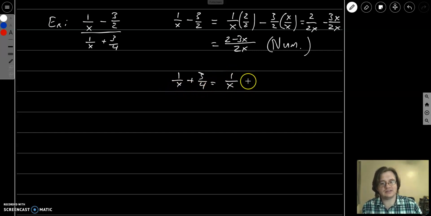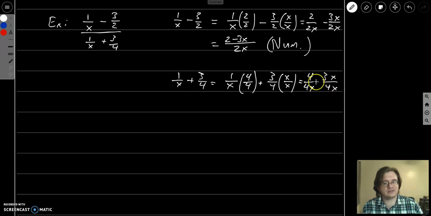So 1 over x times 4 over 4 plus 3/4. And again, we need that factor of x on the bottom, so we'll multiply the top and the bottom by x, and we'll have 4 over 4x plus 3x over 4x.